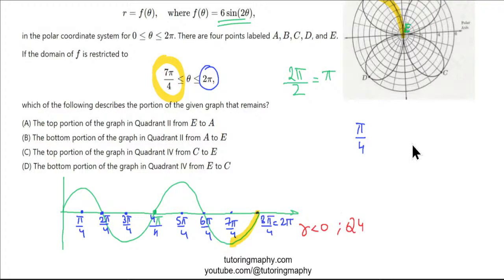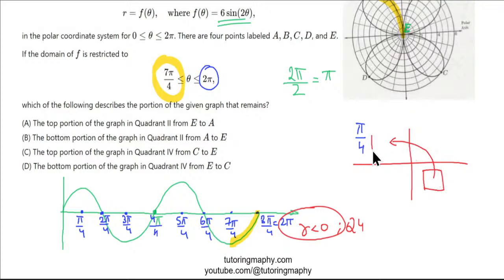Now tell me, if I graph a polar curve in quadrant 4, but I make its R negative, don't you think that it is going to swing exactly 180 degrees to quadrant 2? Isn't that making sense? Because that's what we do with negative R, right?